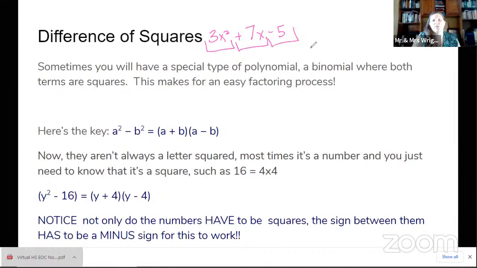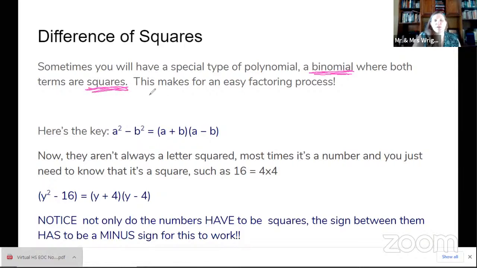A binomial is something like x squared minus 12. There's 2 terms, 1, 2, binomial. This one was a trinomial, okay? So this is a binomial. This type of factoring is where there's a binomial, both the first and the second term are both perfect squares.